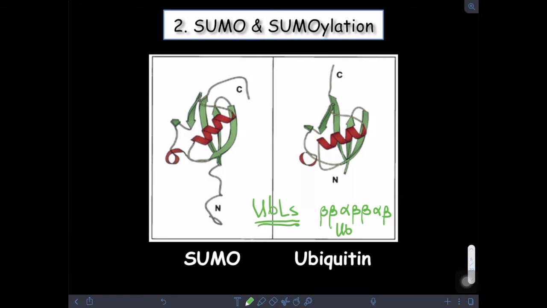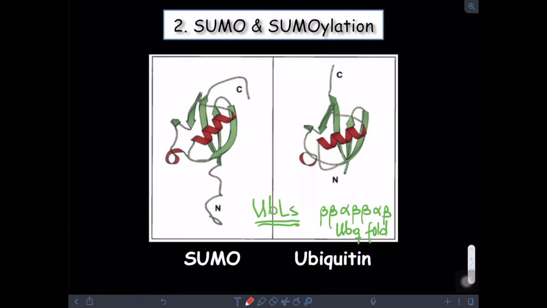In this tertiary structure, the alpha indicates alpha helices and the beta indicates beta sheets. And that sequence of beta and alpha structures is the main characteristic of all members of the UBL family of proteins.